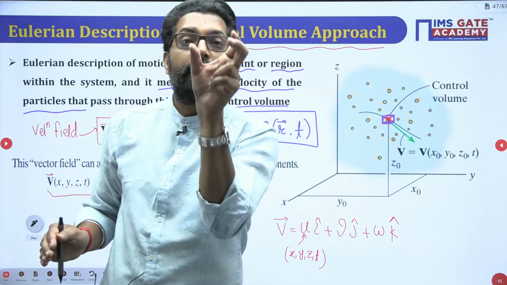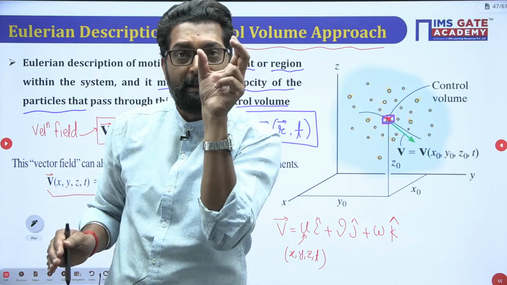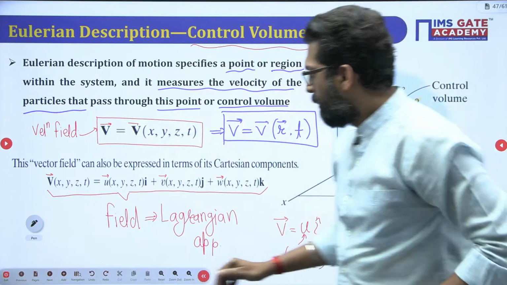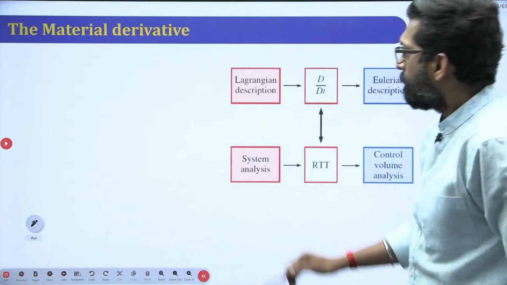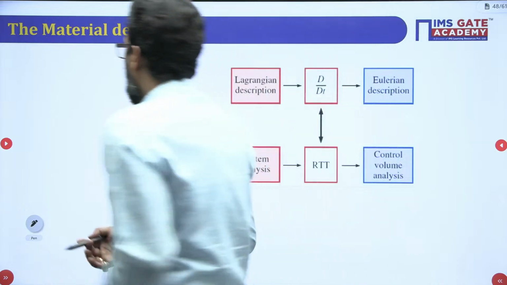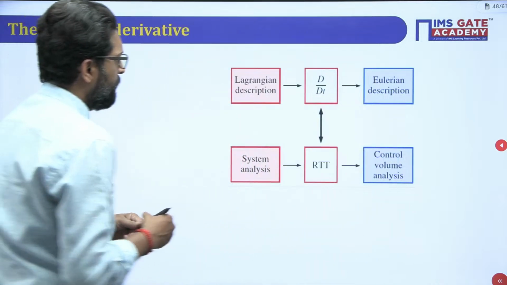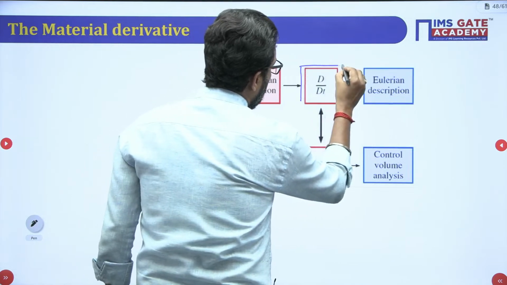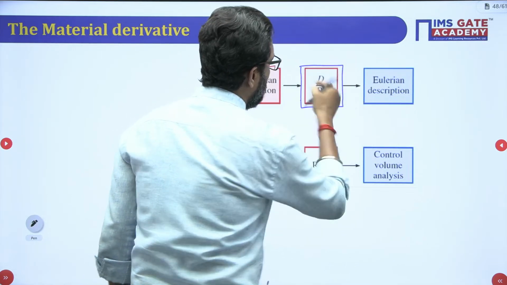That is one of the mathematical tools, called the total derivative. Okay, now see this. Then we have to start the material derivative. What is the material derivative? See, this is your material derivative, capital D by Dt. This is your material derivative.